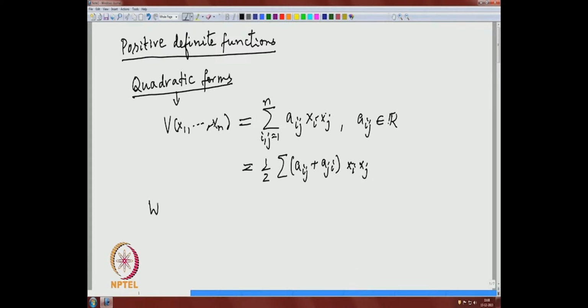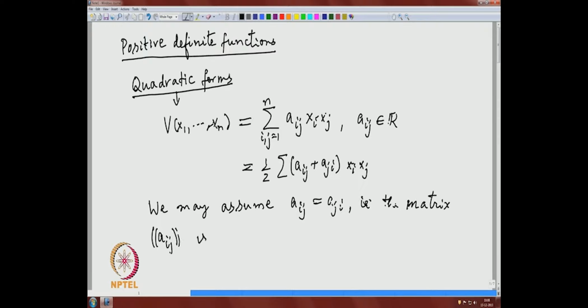So, we may assume, and this is the key assumption, without changing the form, that a_ij equals a_ji. That means the coefficient matrix a_ij is real and symmetric, because we are only interested in real quadratic forms.